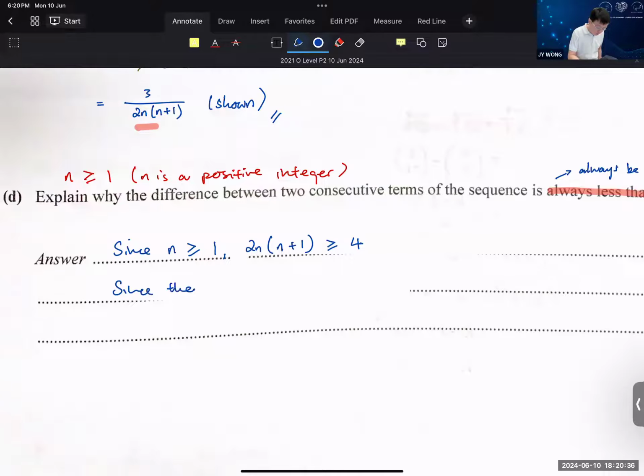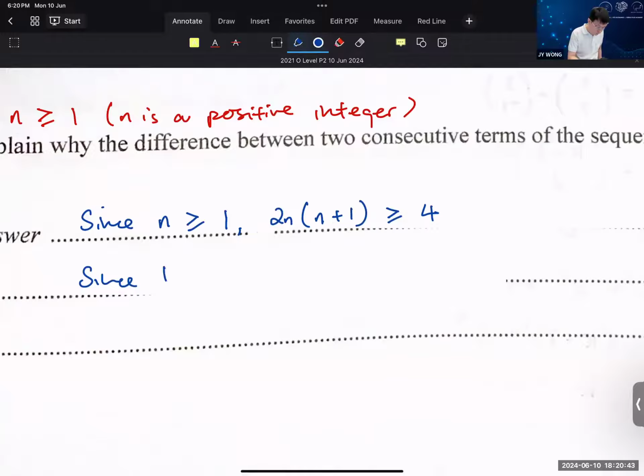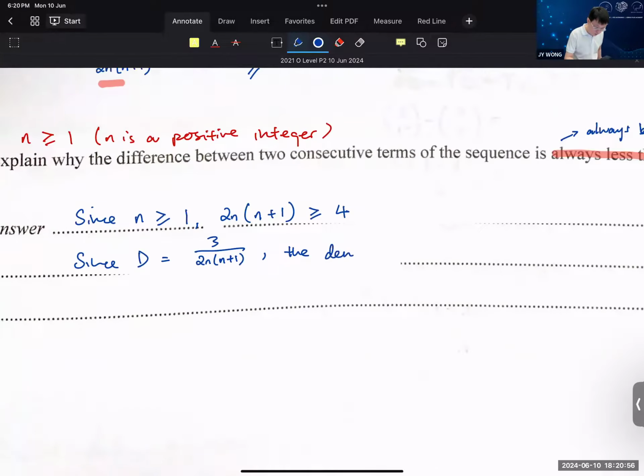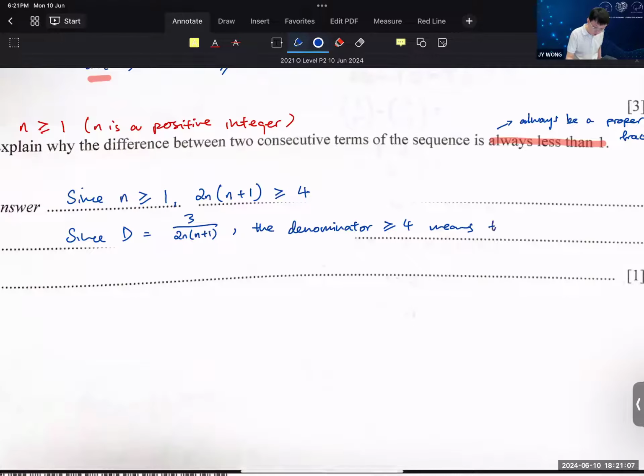Then since the numerator is 3, since d equals 3 over 2n times n plus 1, the denominator being more than or equal to 4 means the difference is always a proper fraction and therefore less than 1.